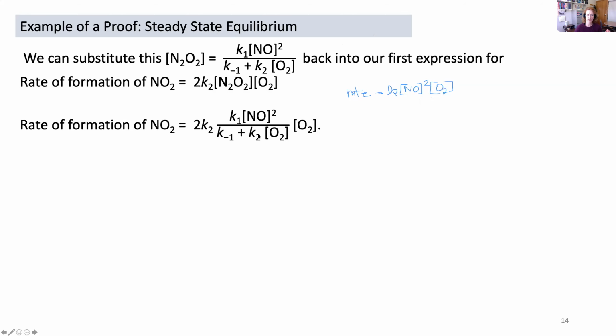But what you remember is that we have the two steps. Step 1 was fast and step 2 was slow. And so as a result, k1 and k minus 1 are going to be much, much smaller than k2, because k2 is very slow.